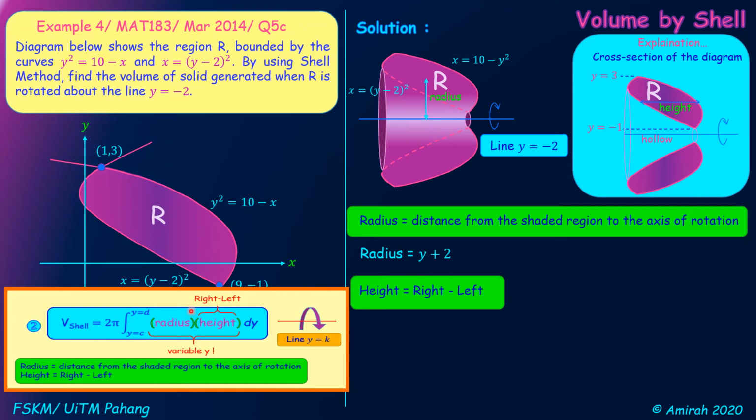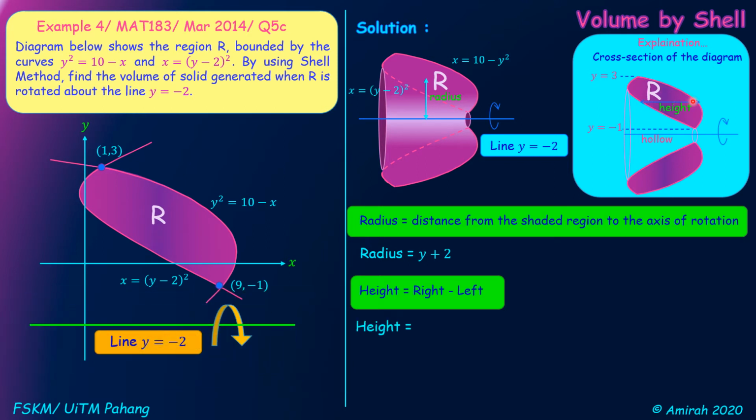After that, we find the height. Under the shell method, if we integrate with respect to y, we need to find the height using right minus left. This is our radius, and this is our height.